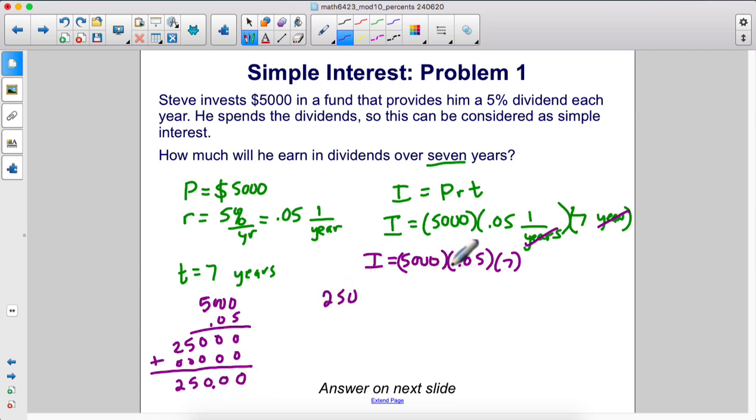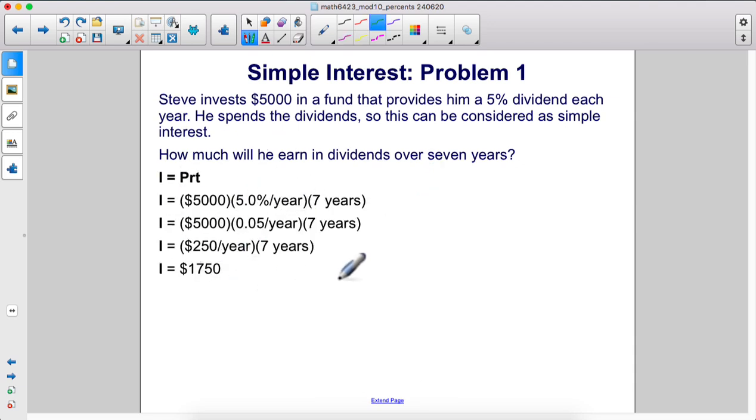All right, and then 250 times 7 is 1,750. The amount of interest earned, in dollars, because there's dollars here in the unit, is $1,750. And here is the answer written out very neatly.